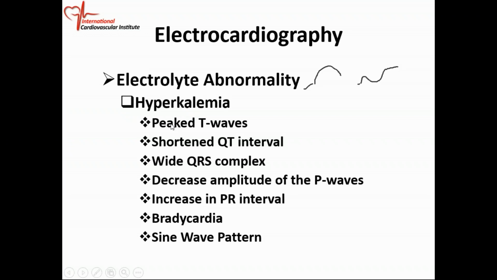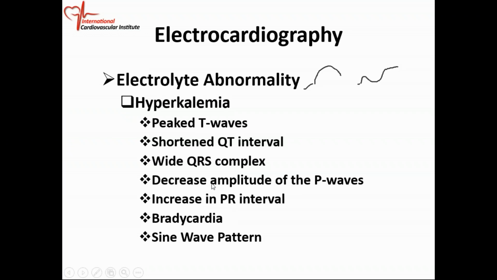So on the surface ECG, you're going to see peaked T waves. The T waves are going to be enlarged and peaked. The QT interval is going to be shortened. The QRS is going to be wide. And sometimes when you see these patients, they have a wide, what we call sinusoidal, QRS complex.